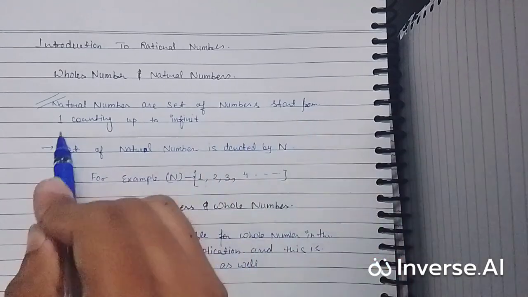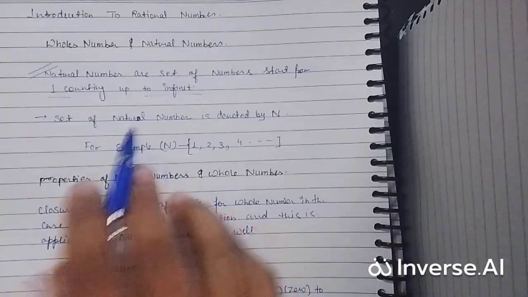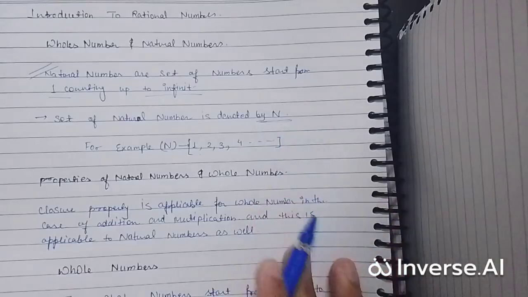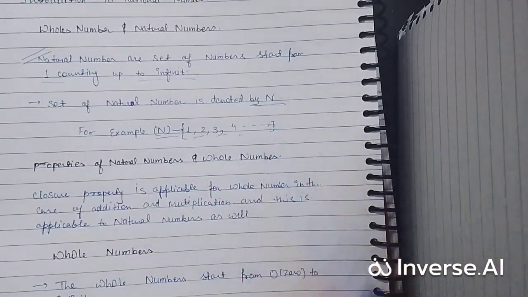A natural number is a set of numbers starting from 1 counting up to infinity. The set of natural numbers is denoted by N. For example, N is 1, 2, 3, 4, and so on.